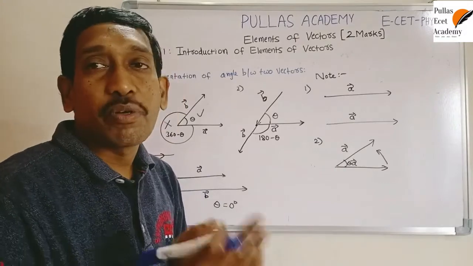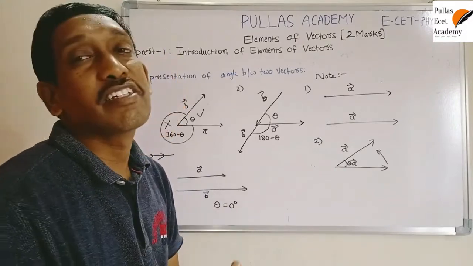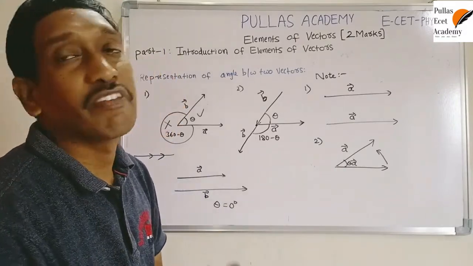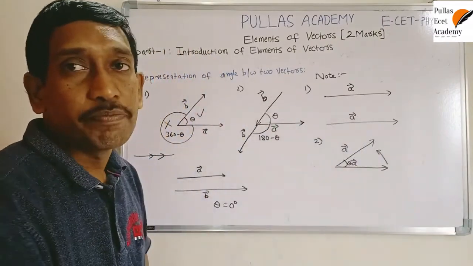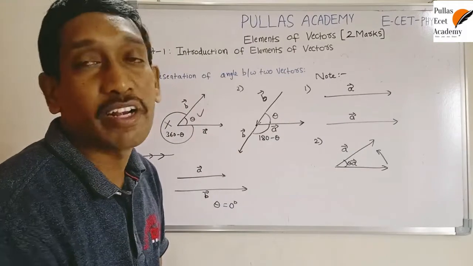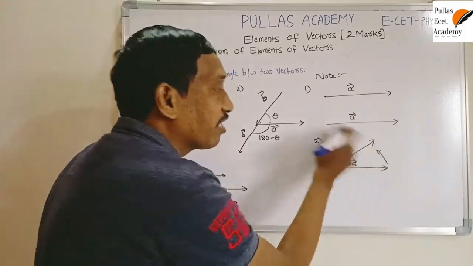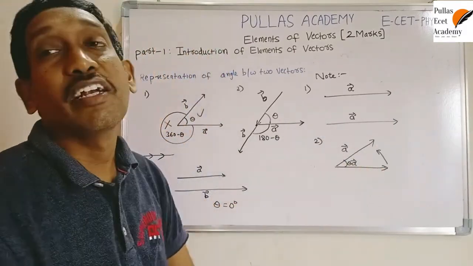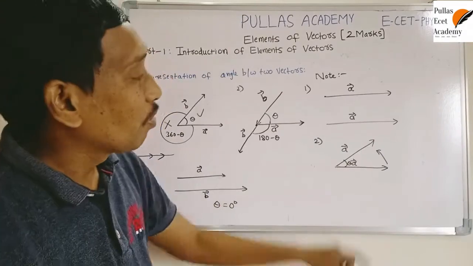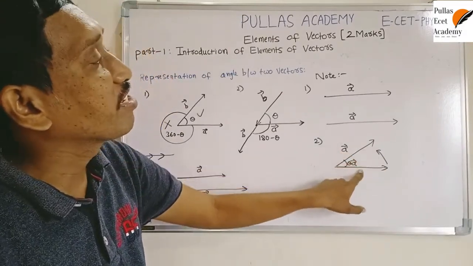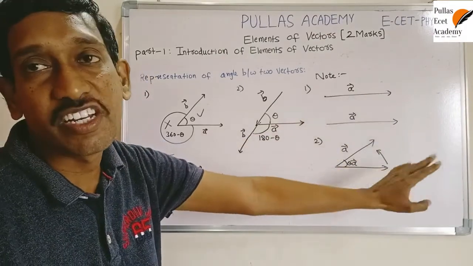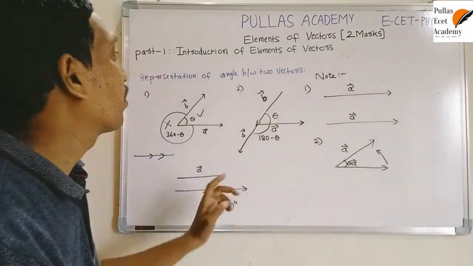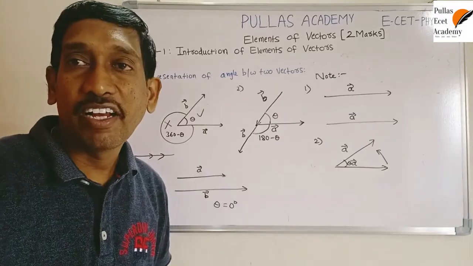If a vector rotates, then its direction changes, which means the vector changes. Otherwise, if it rotates 360 degrees, there is no change in magnitude and direction. If it rotates some angle, then the vector changes. But if it is slid parallel to itself, there is no change. Those are the important points for representation of angle.